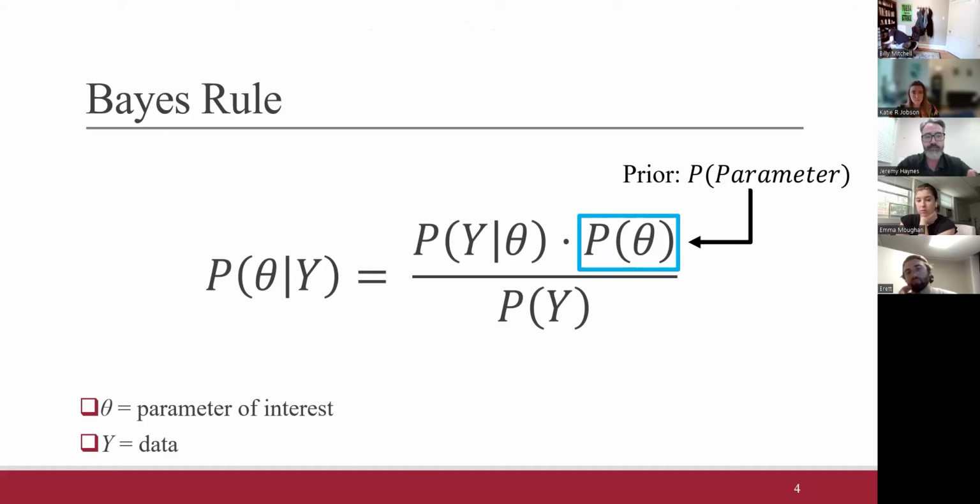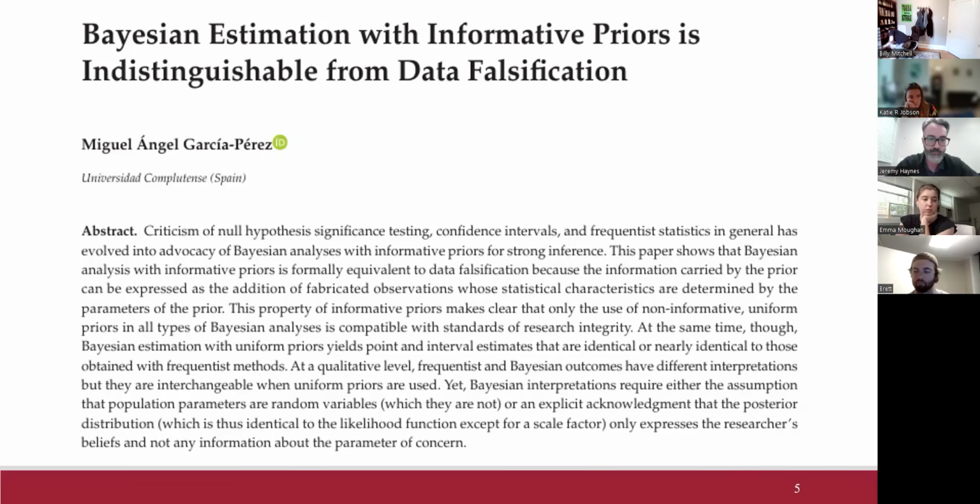And I think this paper by Garcia Perez summarizes it very well. So essentially in this paper, they suggest that whenever we use really informative priors, mathematically speaking, this is very similar to literally just creating more data and inserting it into the model.